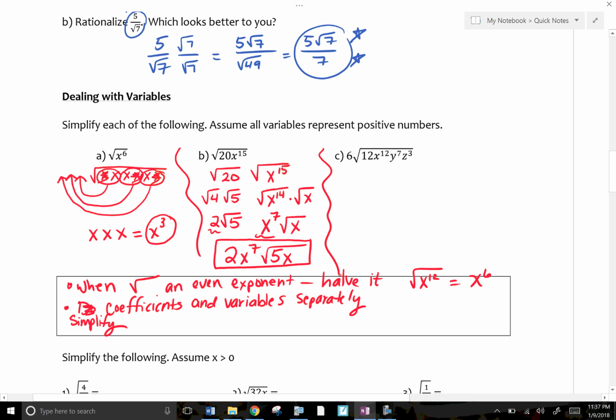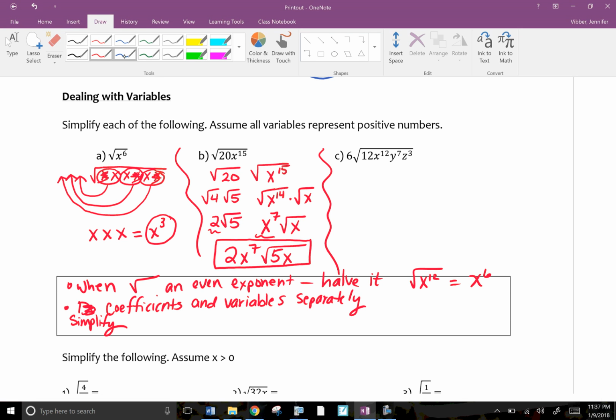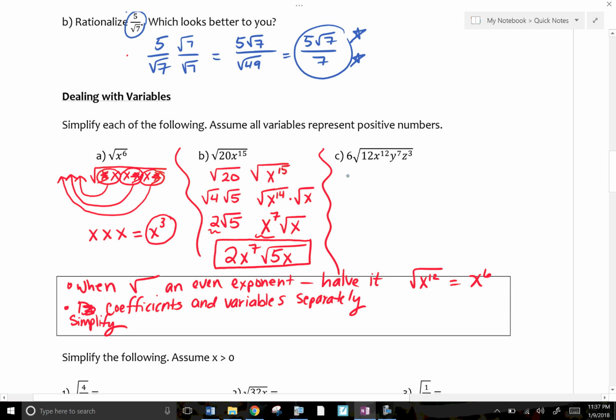Let's try it one more time then. So we're looking for even exponents, and we're going to do the coefficients at a different time. So on this one, I have a 6 outside, I have a 12, I have an x to the 12th, I have a y to the 7th, and I have a z to the 3rd. All right, so the square root of 12, 12 is 4 times 3.